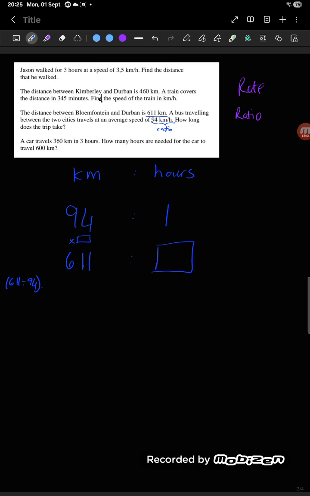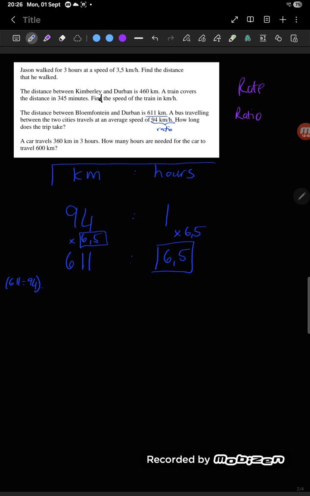So if I say again, 94 times 6,5, I'm going to get 611. And what I do to the one side, I do to the other side of my ratio. 1 times 6,5 is going to be 6,5. So how many hours is it going to take?